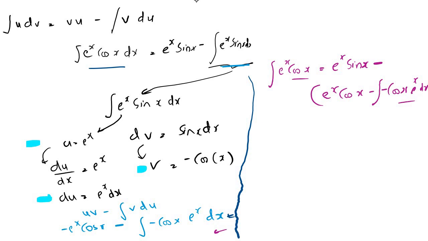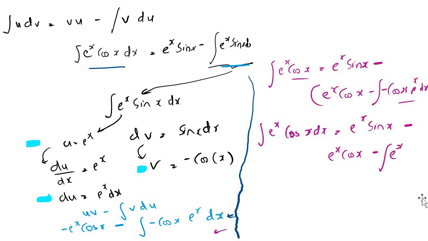So integral e to the power x cos x dx is equal to e to the power x sin x minus e to the power x cos x minus integral e to the power x cos x dx.